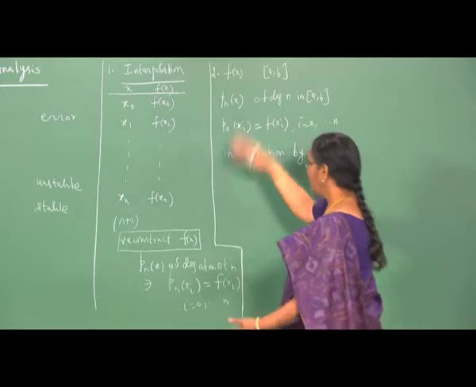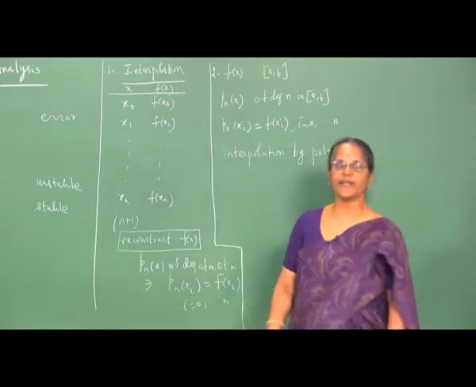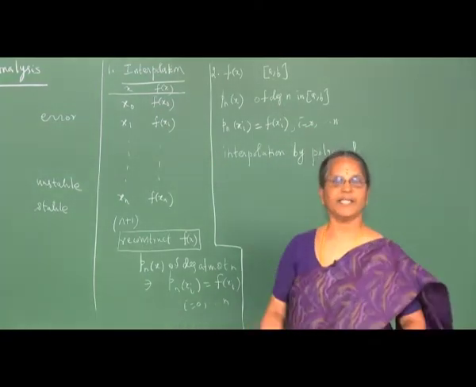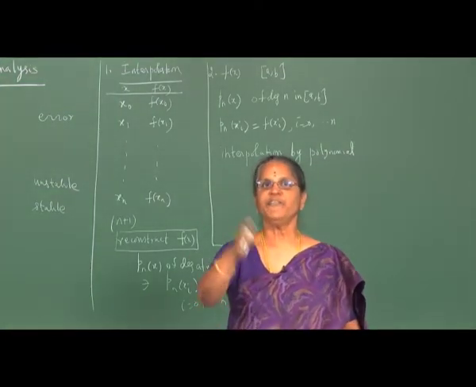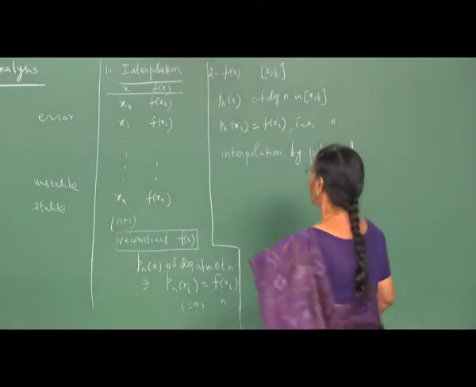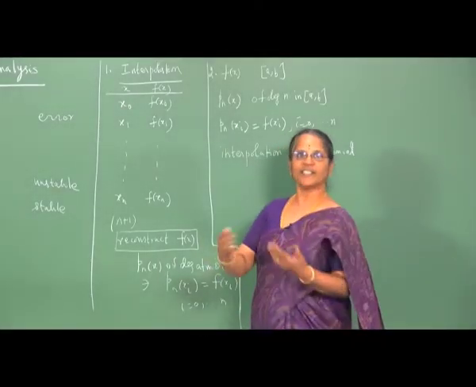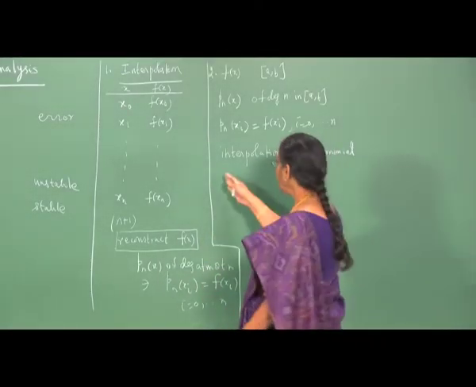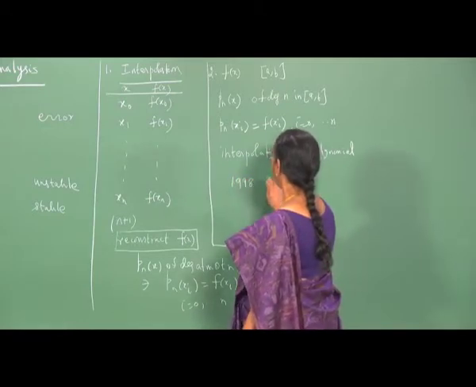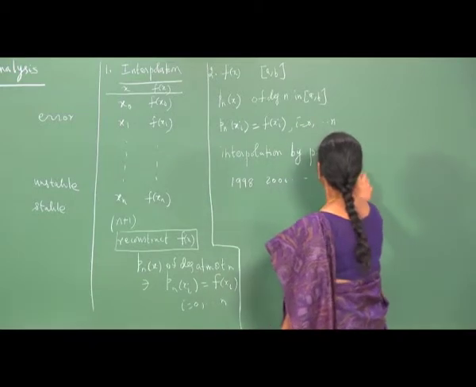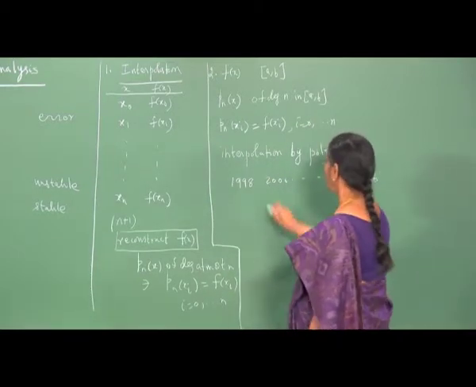So, for example, say I am given information about rainfall every 2 years, or the sales of a certain commodity every 2 years, say starting from 1998, 2000, etc., up to 2016.